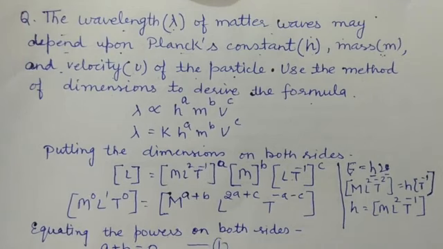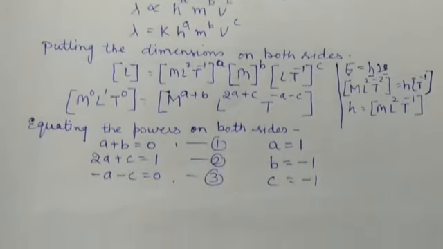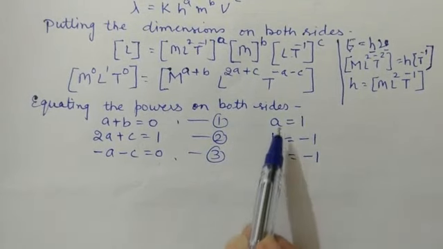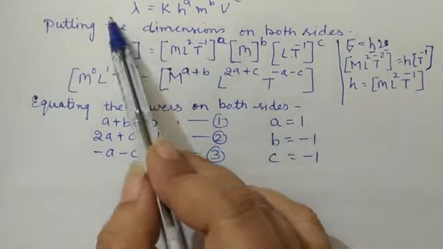These are three equations. When we solve them, we get the value of a is 1, value of b is minus 1, and value of c is also minus 1. Put these values of a, b, c in the equation.